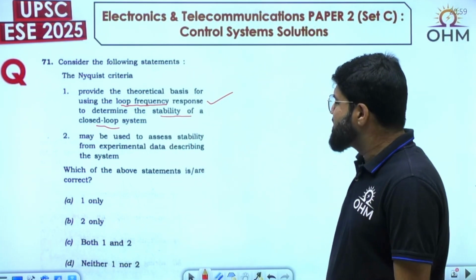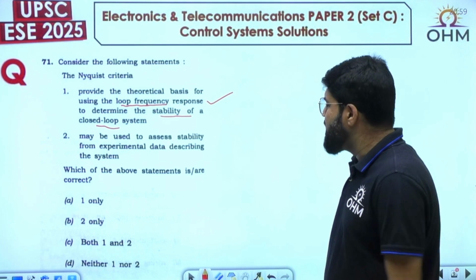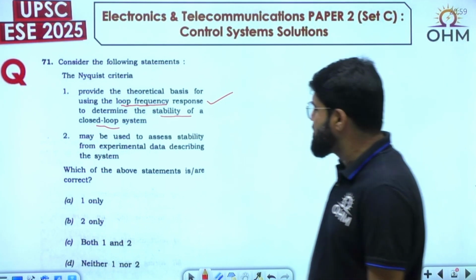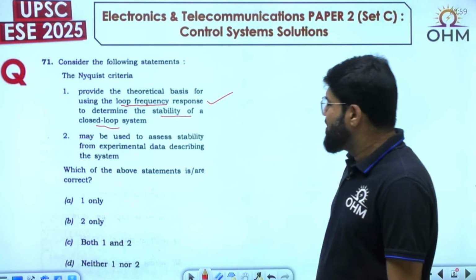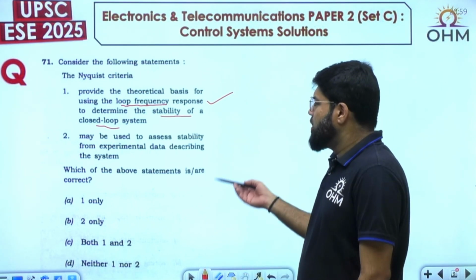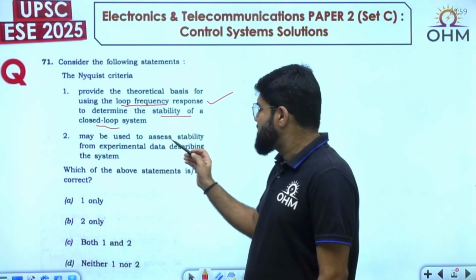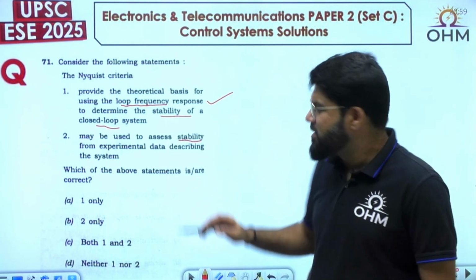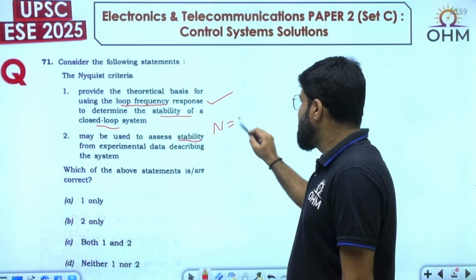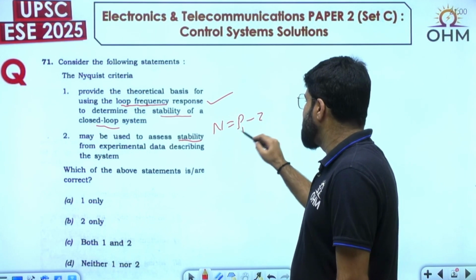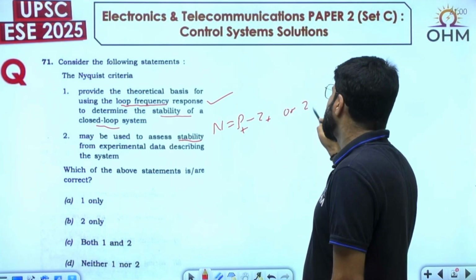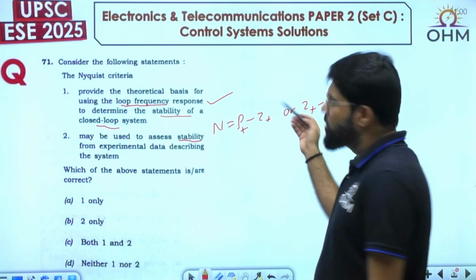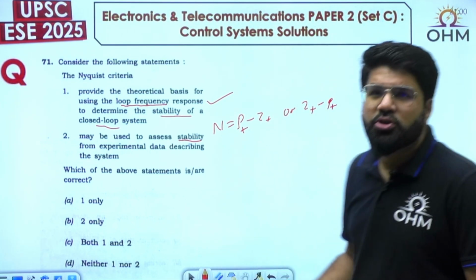It may be used to assess the stability from experimental data describing the system. No. From Nyquist, how do you talk about stability? The stability criteria is simply given by N equal to P plus or minus Z, or Z plus or minus P, depending on the contour taken, the direction of the contour taken.